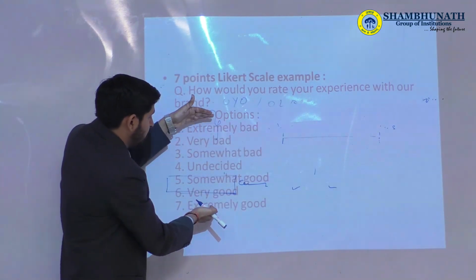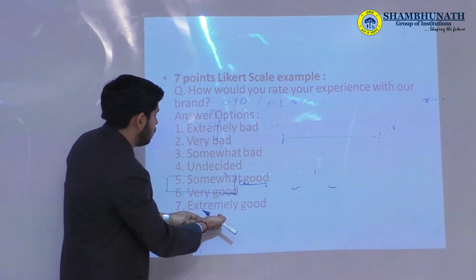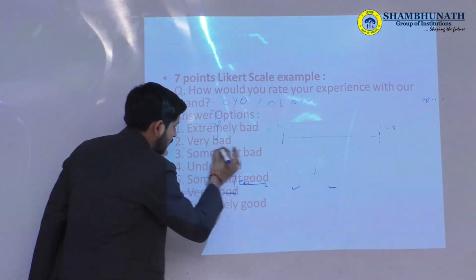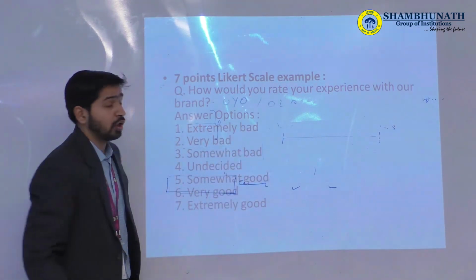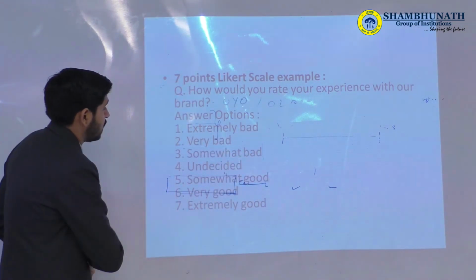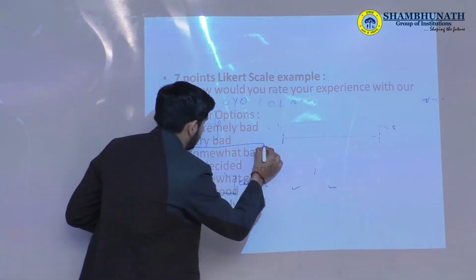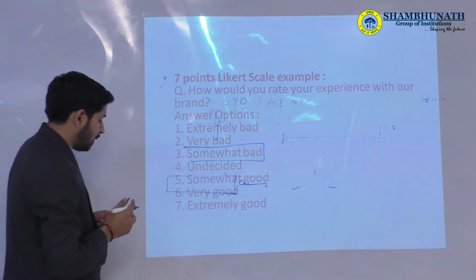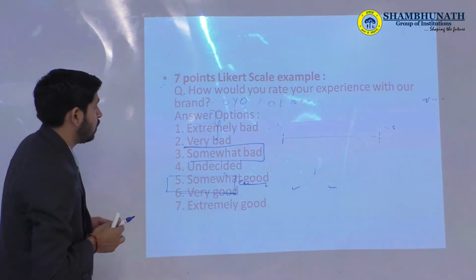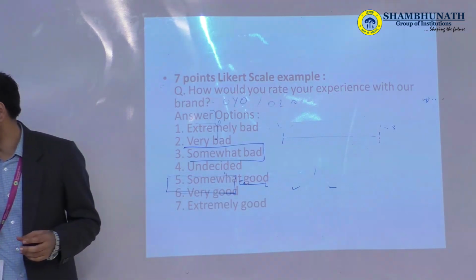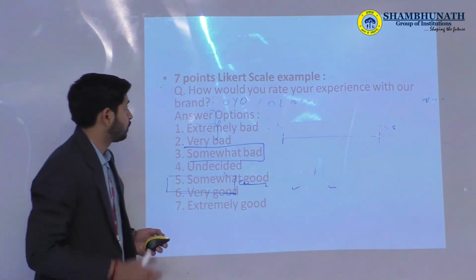Between extremely bad and extremely good, there is very bad, somewhat bad, and undecided. This is what we cannot capture with yes or no. Somewhat bad we can capture from the 7-point Likert scale example, not with an option of yes or no.